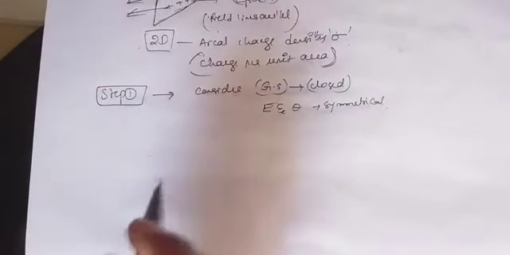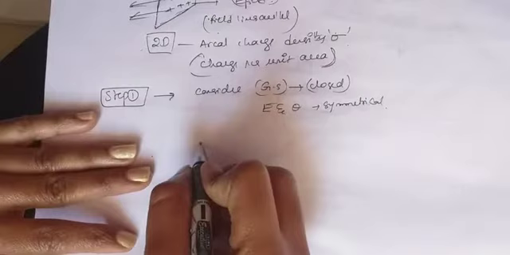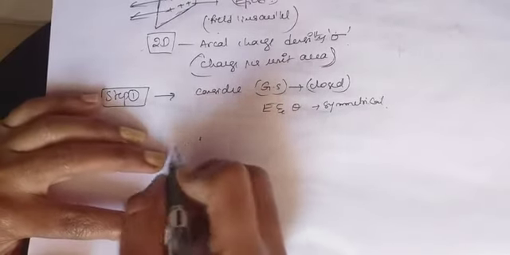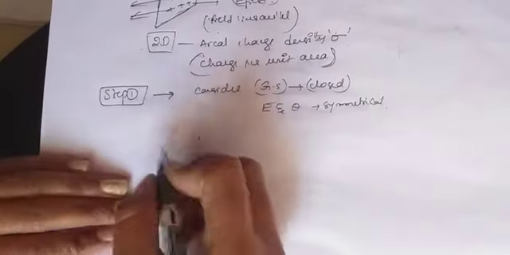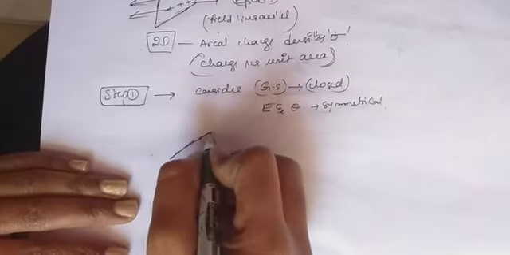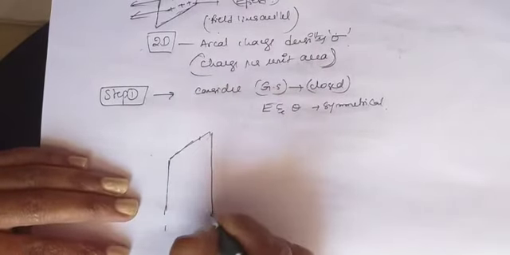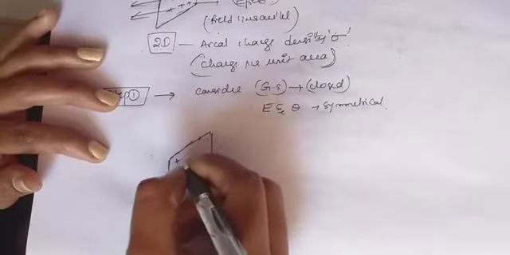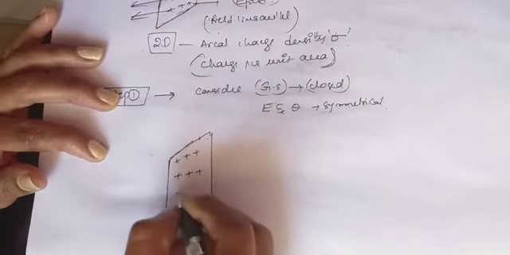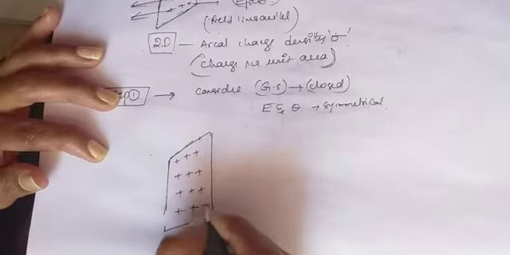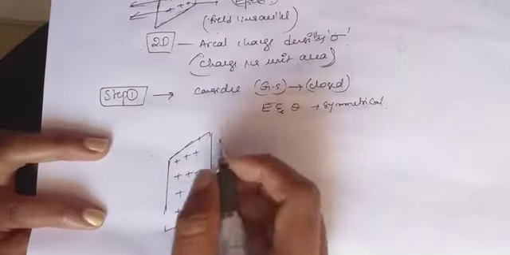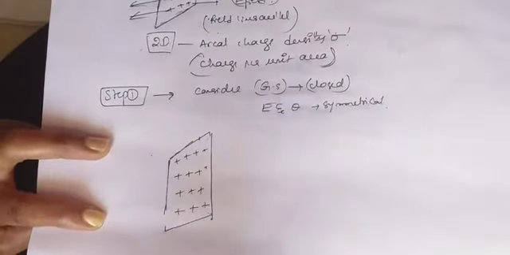From the side view I am taking the sheet like this, with the charge distributed on it. Here I want to consider a Gaussian surface.